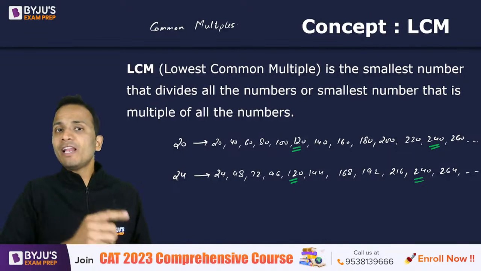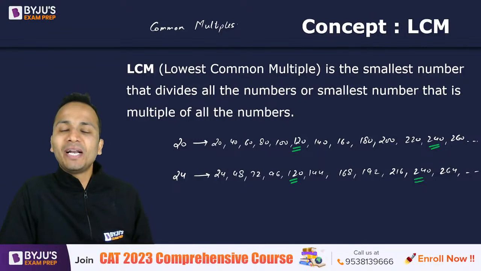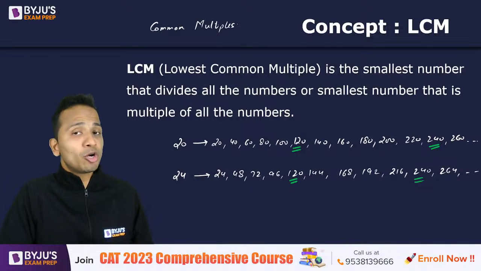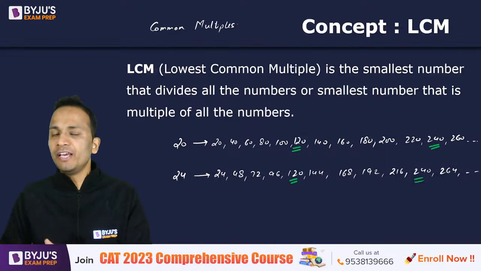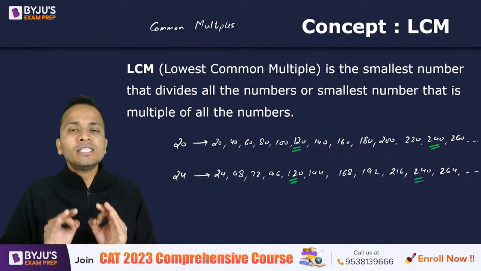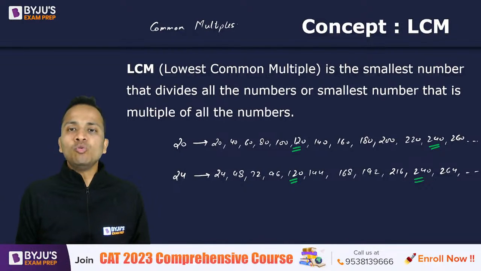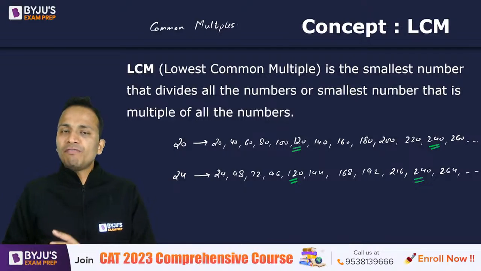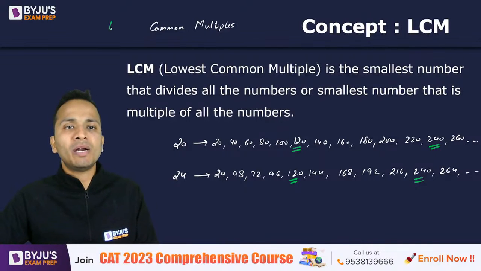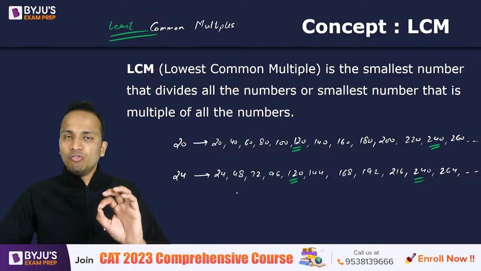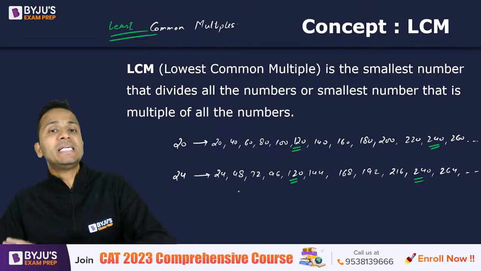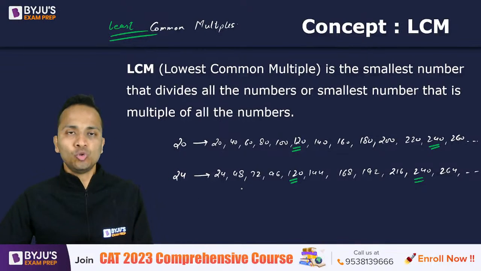Now, if I ask you what the highest common multiple of these two numbers is, obviously we cannot find it because the multiples go up till infinity. So the highest common multiple of any two numbers cannot be determined. So we'll find the lowest common multiple, the least common multiple, LCM, which will be the smallest number that is completely divisible by these two numbers.